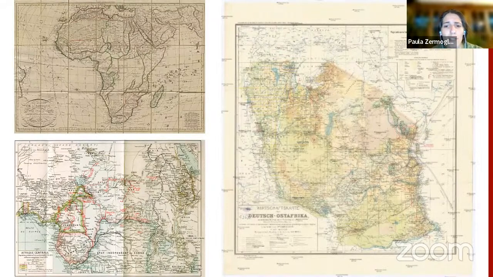And so over time, we see that these maps change quite a bit. And that change also depends on who is making the map and their own history, aside from the historical facts around those places.